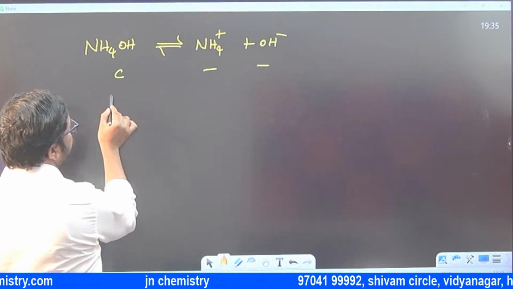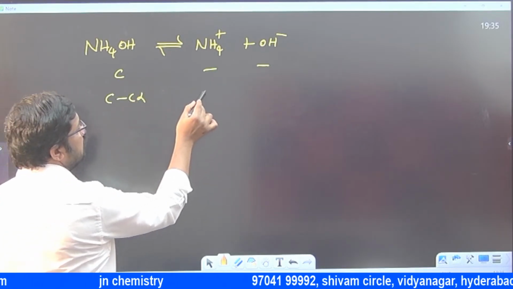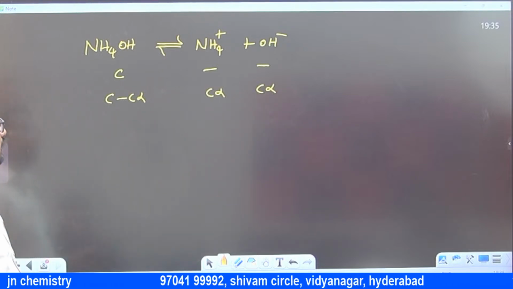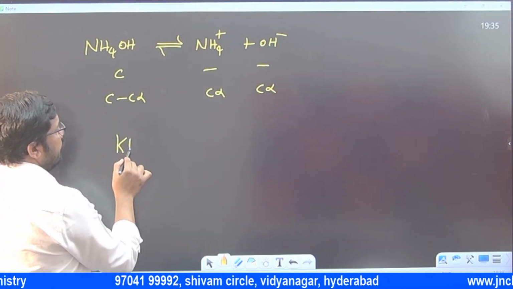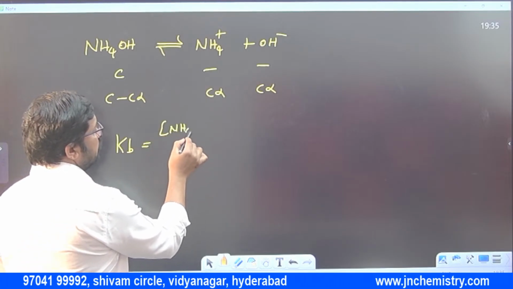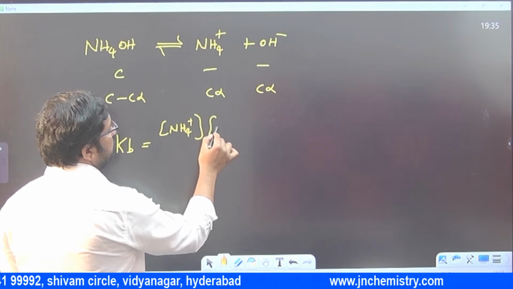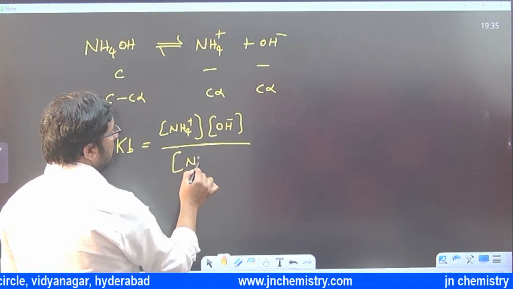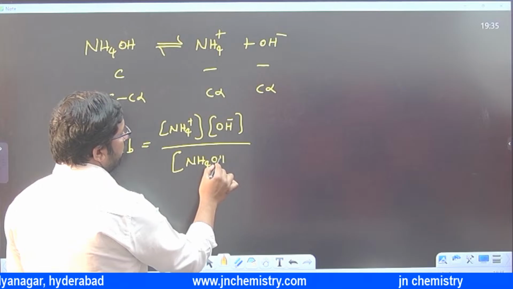Initial concentration C, after dissociation C minus C alpha, C alpha, C alpha. So for the base, I'm directly writing Kb, the base dissociation constant: NH4 plus concentration times OH minus concentration divided by NH4OH.